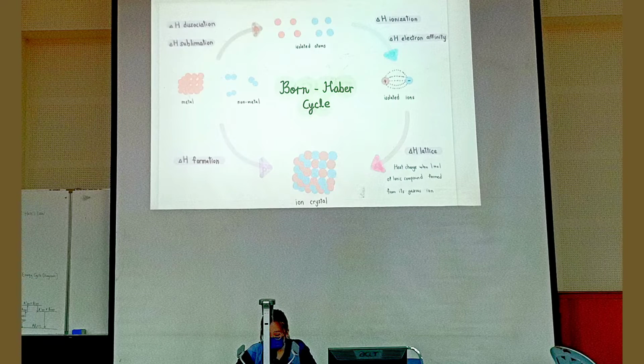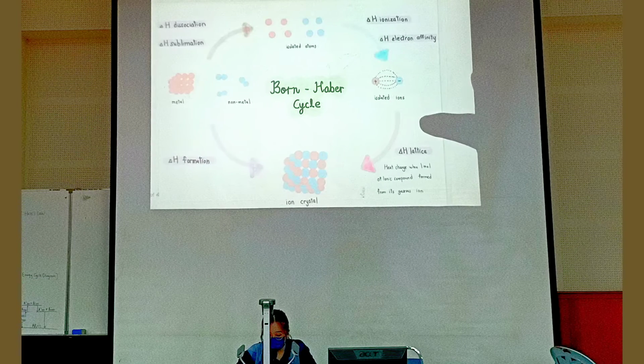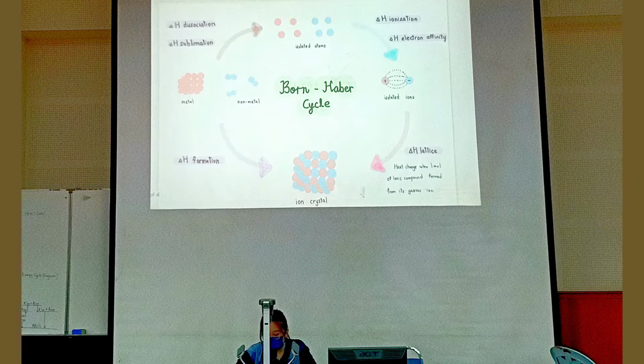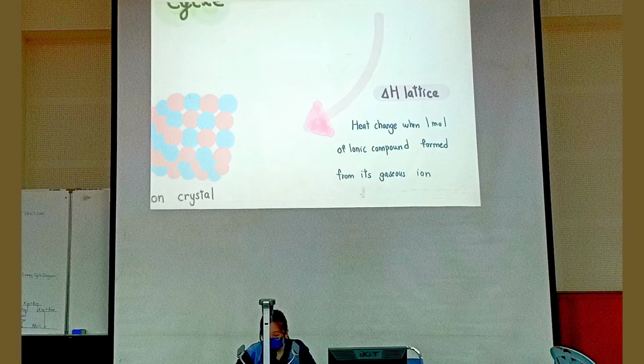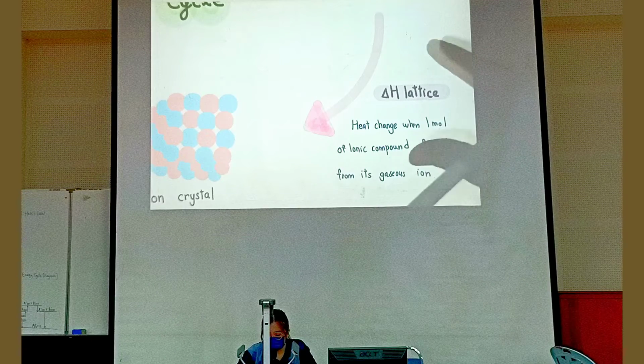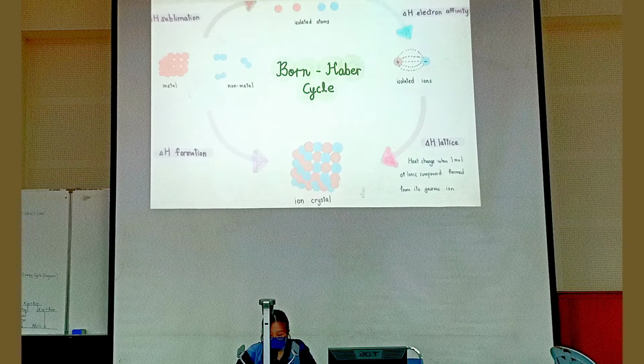Then isolated ions can turn into the ionic crystal by the standard enthalpy of lattice formation. This means the heat change when one mole of ionic compound forms from its gaseous ions. Then the metal and non-metal can turn into the ionic crystal by standard enthalpy of formation.